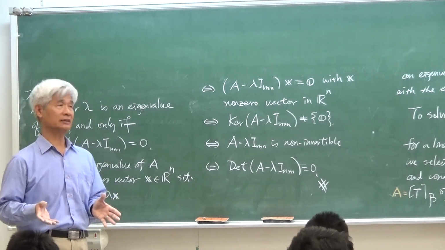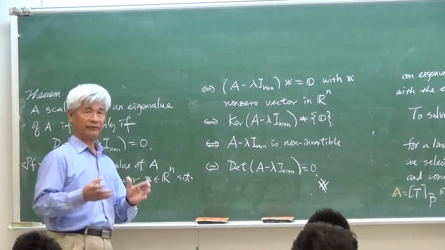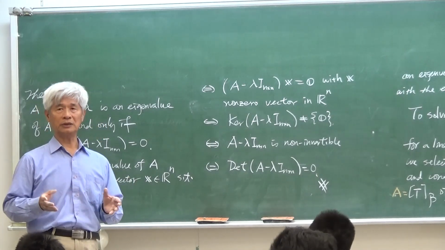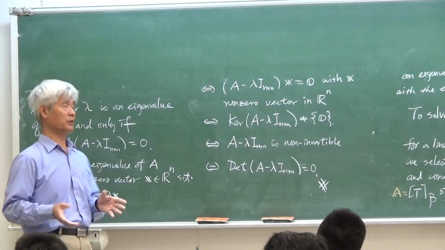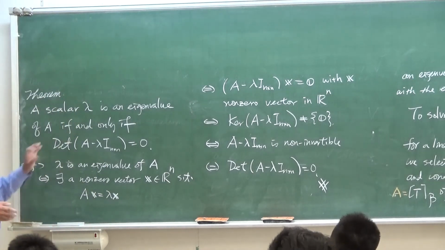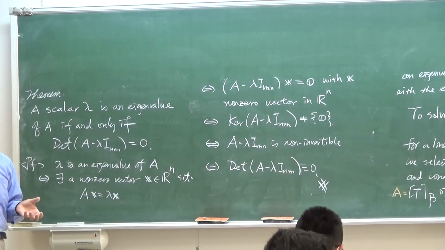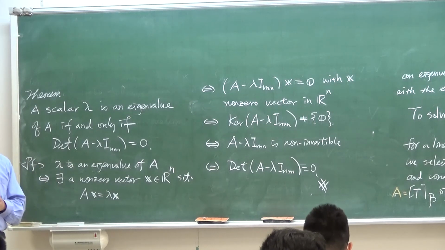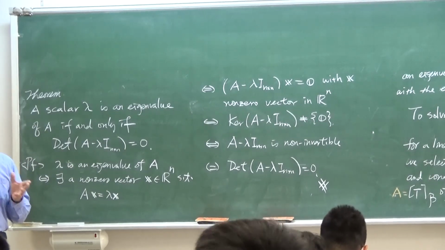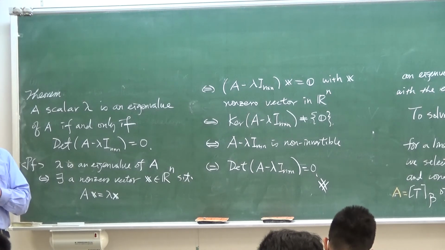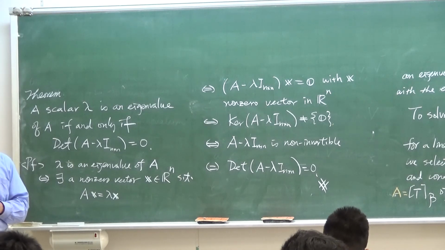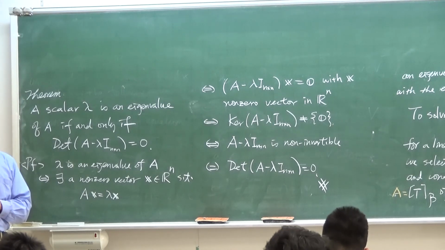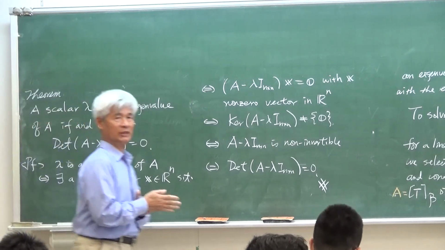It turns out that finding all possible eigenvalues is the first step. Why? Because we have a numerical equation to solve. So this problem becomes tractable, meaning we are able to find a way to solve the eigenequations. Okay, so let's start.